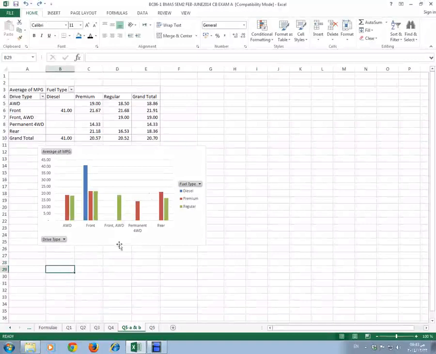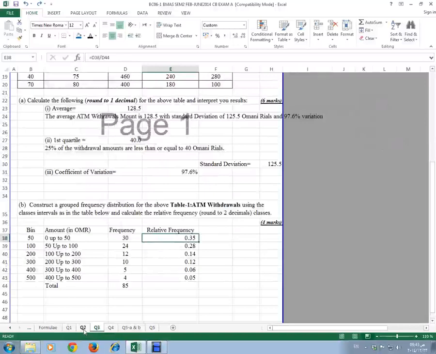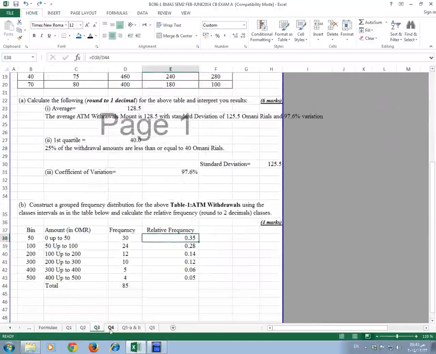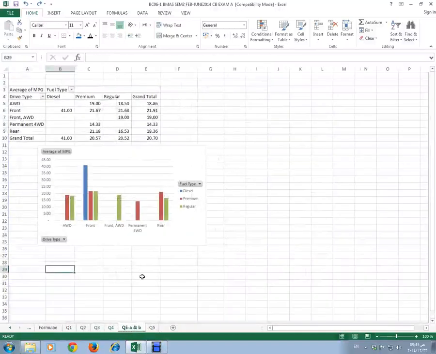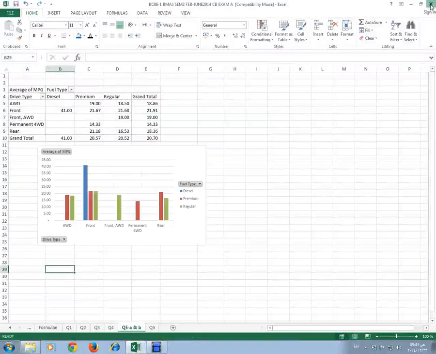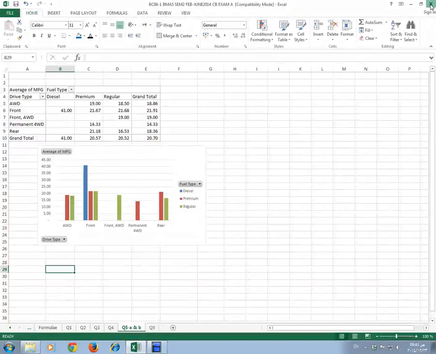After finishing, please make a quick check of your answers, whether you answered all the questions, and then after that save your file, close the file, try to upload your file in Moodle. Again, if you don't know how to upload that, you can ask the invigilators to help you in saving or uploading the file.